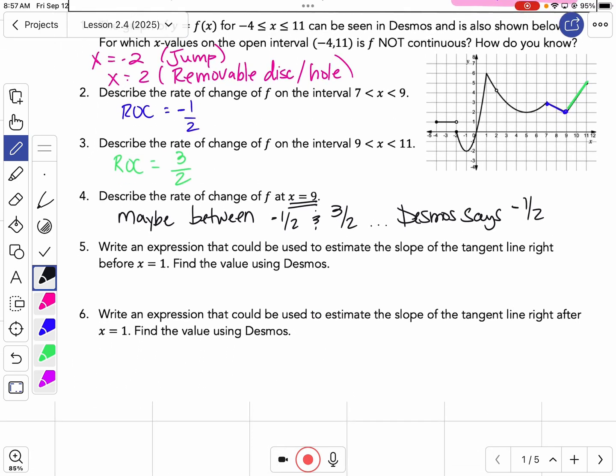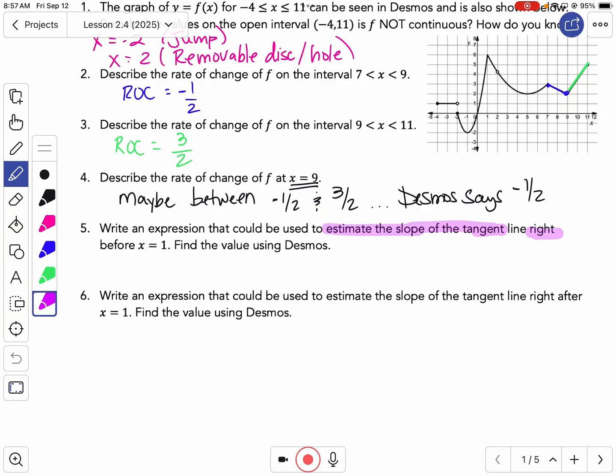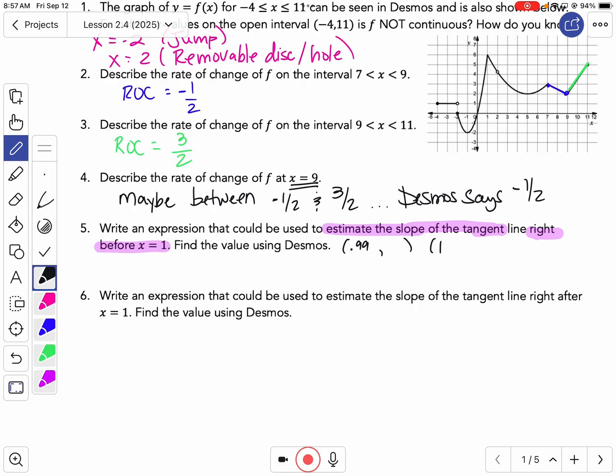All right, so now it says to write an expression that could be used to estimate the slope, and that's the key word right there. Estimate the slope of the tangent line right before x equals 1, okay? So we're going to kind of do this in two pieces, all right? So we're going to do the rate of change before x equals 1. So we might use the ordered pairs, so like 0.99 for x, and then maybe 1.